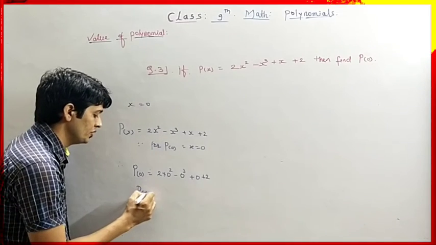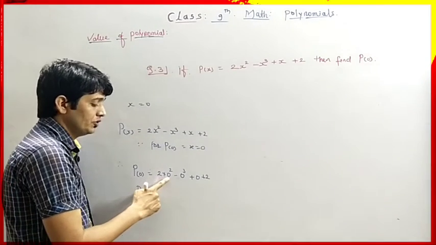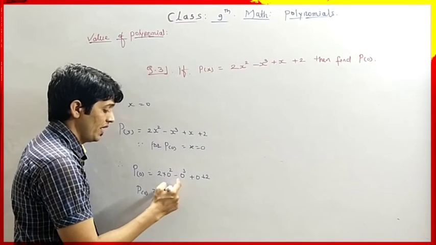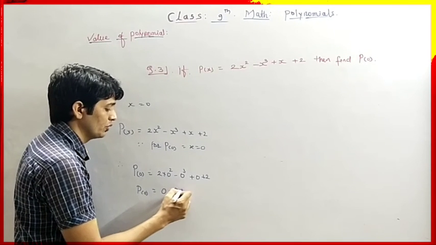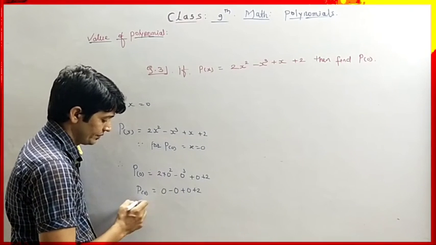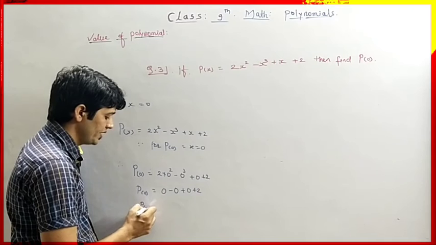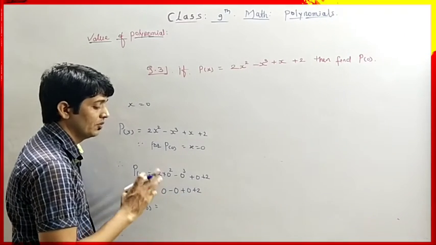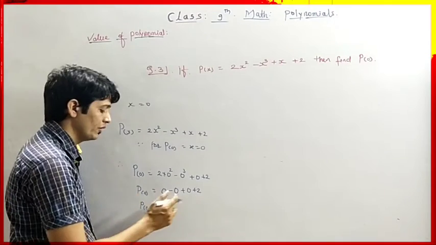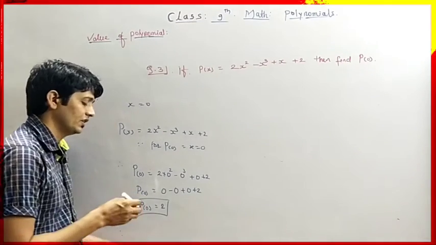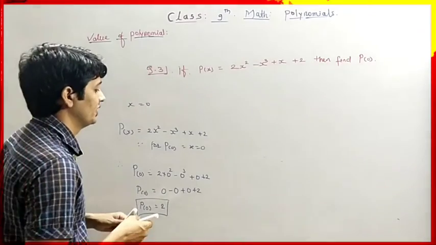Since x equals 0, instead of x we write 0. So 0 square means 0, 0 into 2 is 0, minus cube of 0 is 0, plus 0 plus 2. So only plus 2 remains here, and this is our answer. This is nothing but the value of the polynomial.